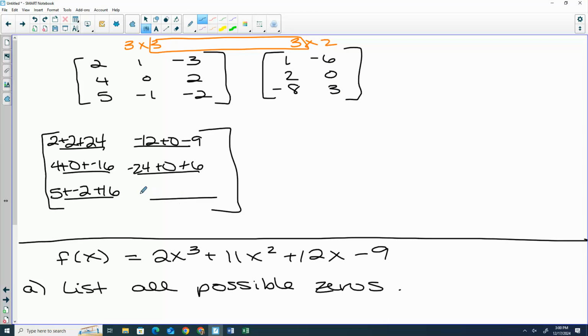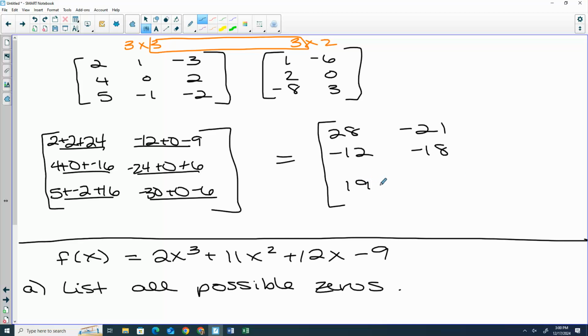Third row, second column, negative 30 plus 0 minus 6. Do we get that? Does everyone know where I got my numbers?